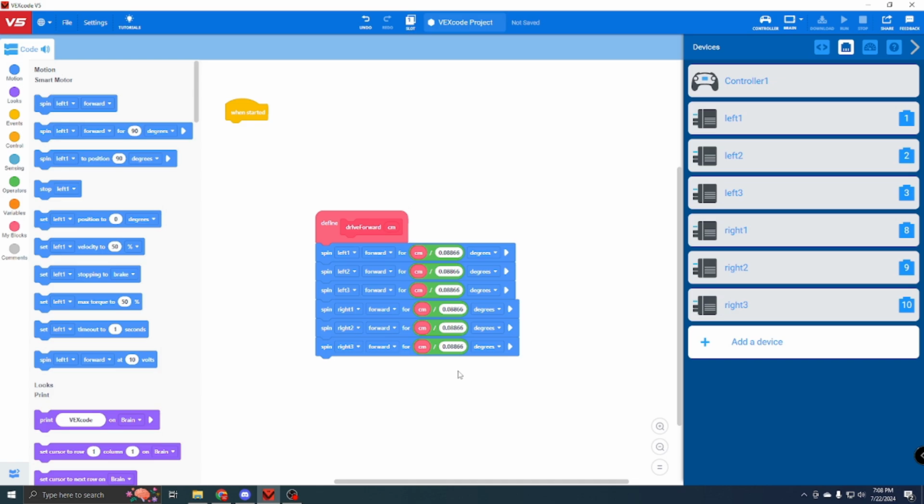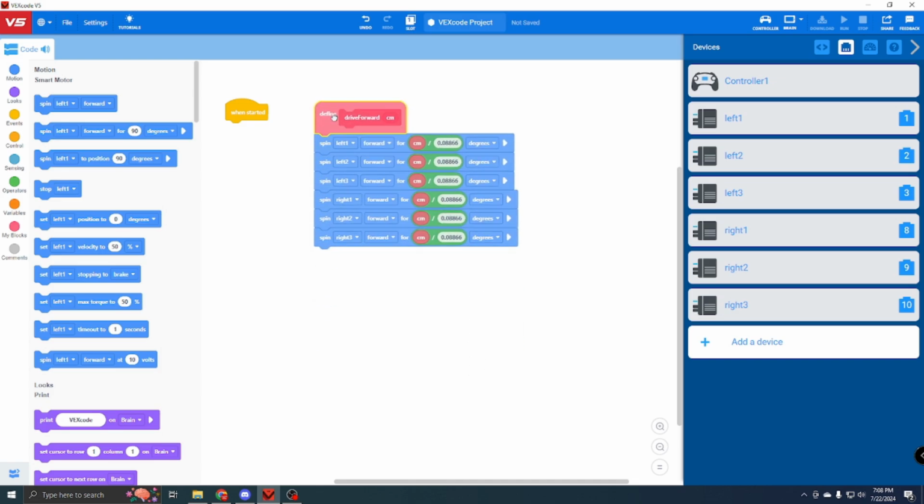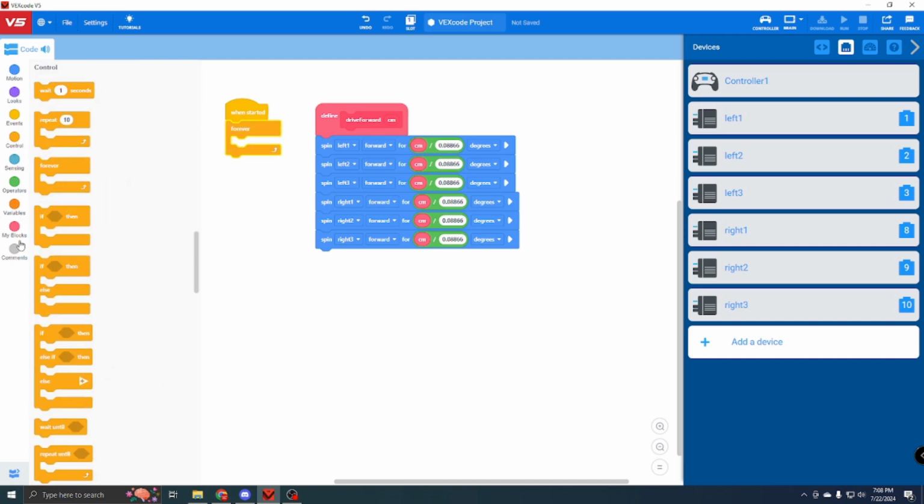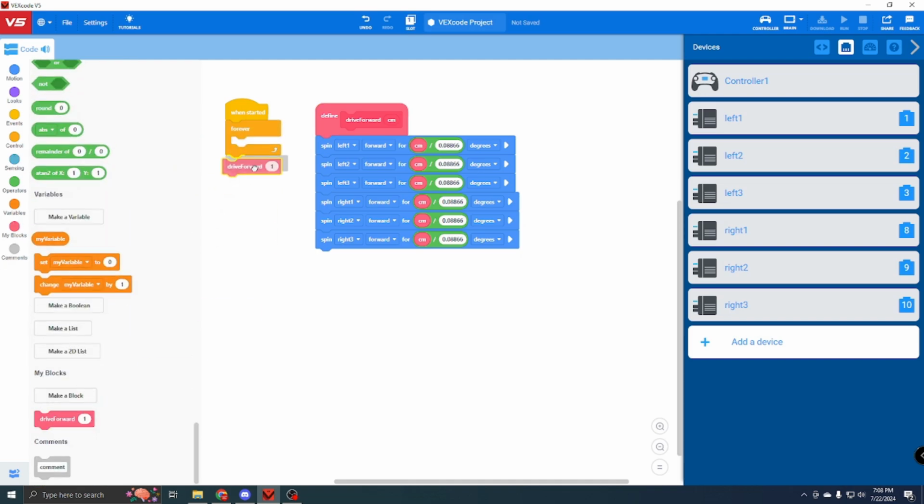So now you do when started. Let's grab our forever, head down to my blocks. When we do drive forward, we can set this to be 20, or we can set it to be 30. And in theory, as long as we've done everything right, this should move your entire drive base forward about a foot, right? 30 centimeters.